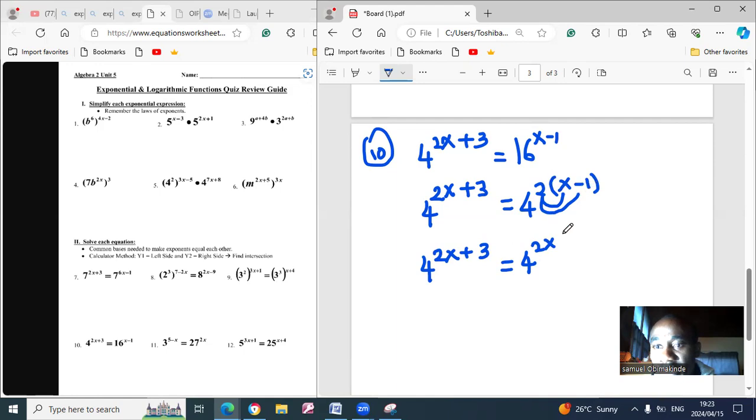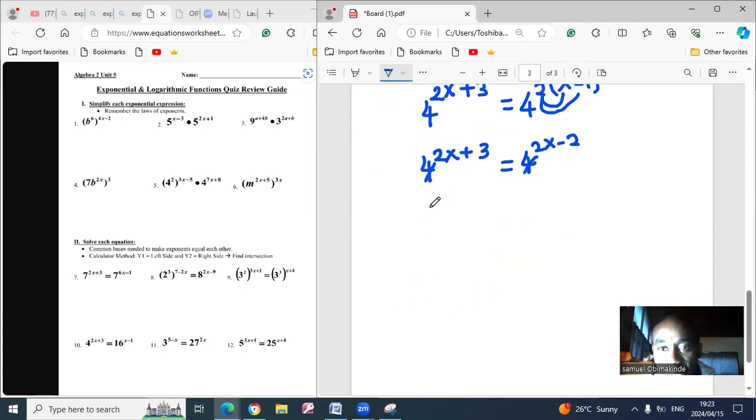Then 2 multiplied by -1 is -2. So the base is now the same on both sides of the equation, so they can cancel out each other. Now we have 2x plus 3 equals 2x minus 2.